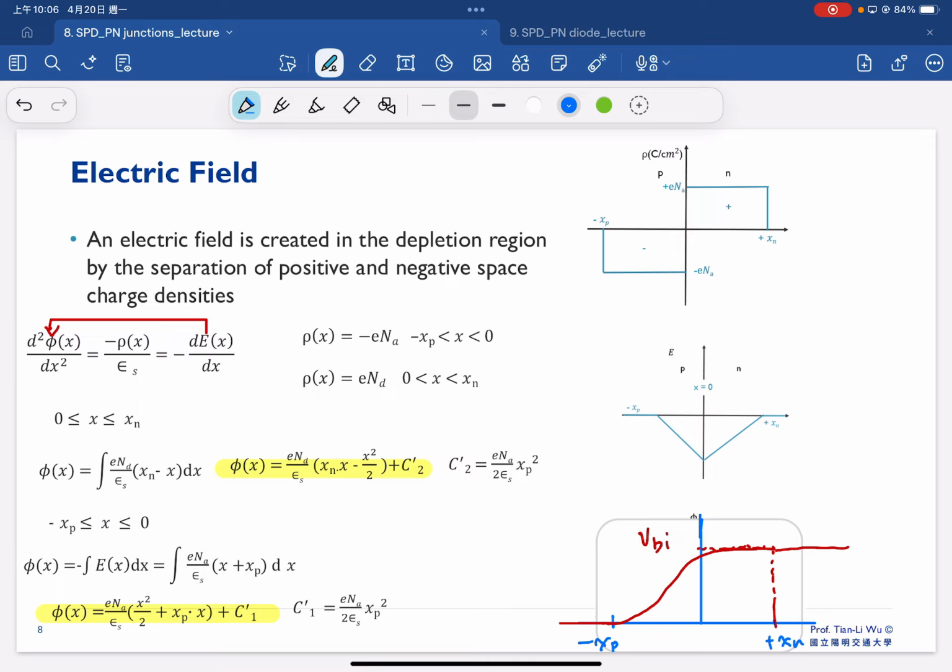So the idea behind this is not that difficult. We always start from the band diagram, and we look at the fundamental equation, the Poisson equation. This is not a new equation. This is the equation that you have already learned from undergraduate physics, from basic physics. As long as we have the charge, we are able to integrate it to get the electric field, and once we have the electric field, we are able to integrate it to get the potential.